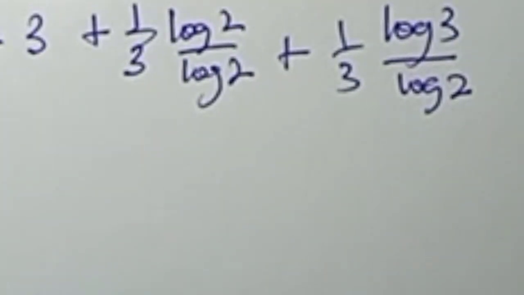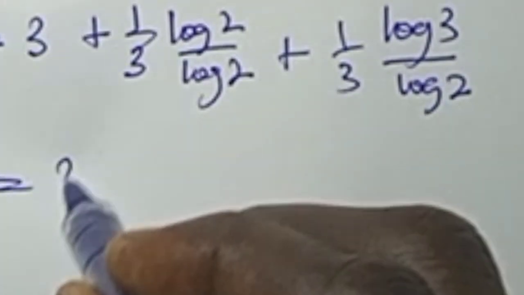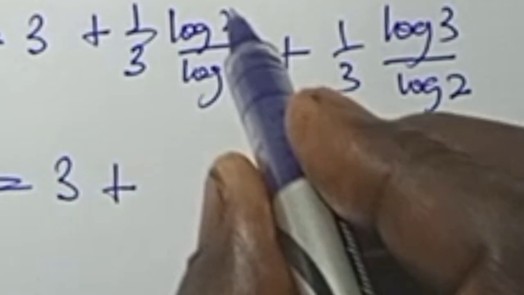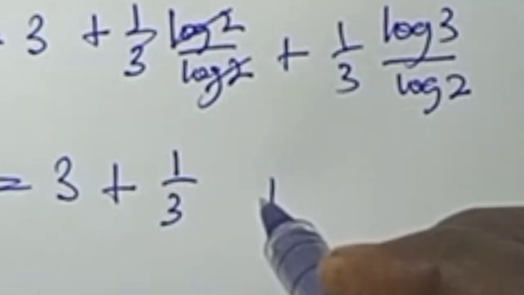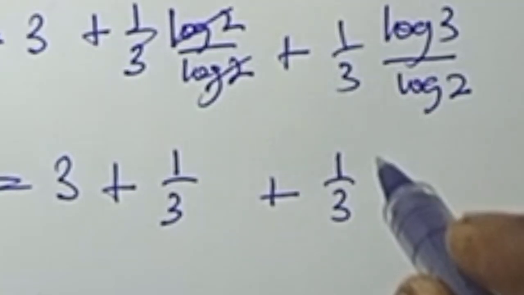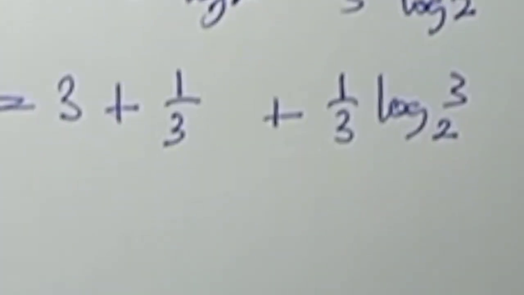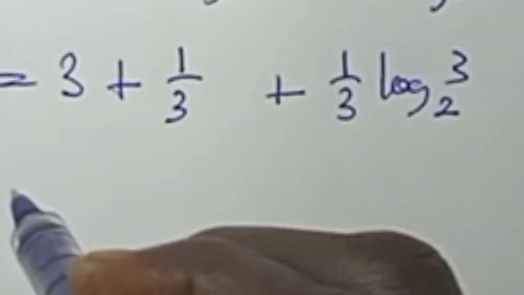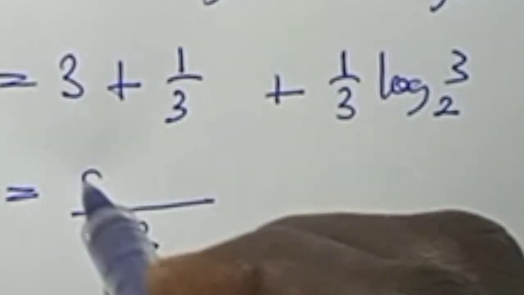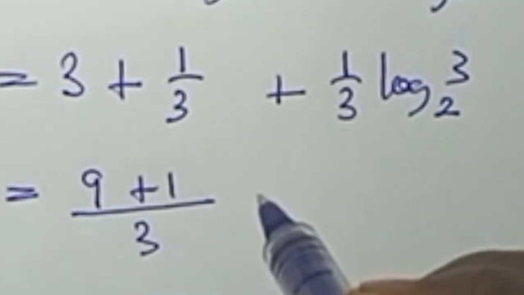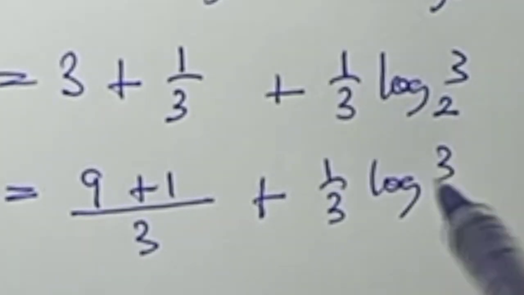If we simplify further, x equals 3 plus, here log 2 cancels out, leaving 1 over 3, plus 1 over 3 log 3 to base 2. Taking the LCM, x will be equal to 9 plus 1 over 3 plus 1 over 3 log 3 base 2.